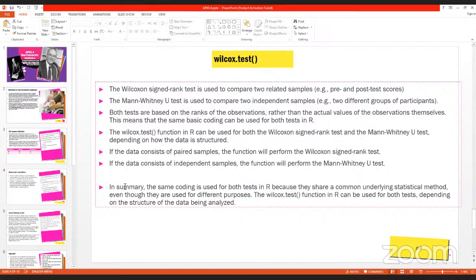When the data is not normally distributed. How do you know that data is normally distributed? Shapiro test. Yeah. So the Shapiro test indicates it is significant. What does it mean?